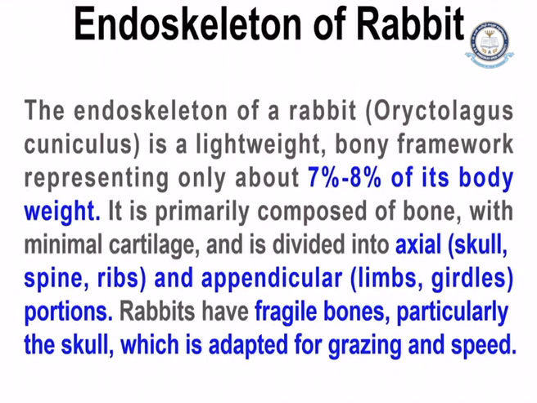All these bones are lightweight, and it is only about 7 to 8% of the body weight. When we compare this to the human endoskeleton, which is around 16% of the body weight, the rabbit's bone weight is quite less, 7 to 8% of the body weight.